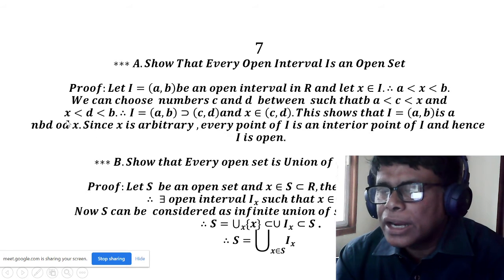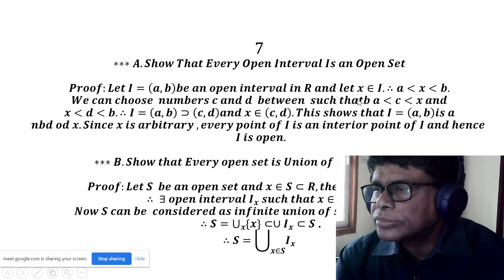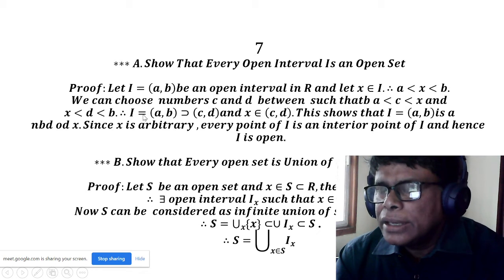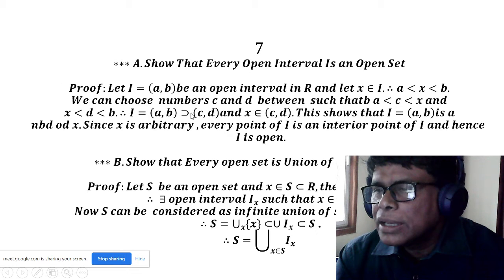And between X and B there are numbers D. Okay, there is some mistake here, I will correct it. So I is this open interval, it contains C and D. AB is the bigger interval and CD is the smaller interval, and X belongs to CD.